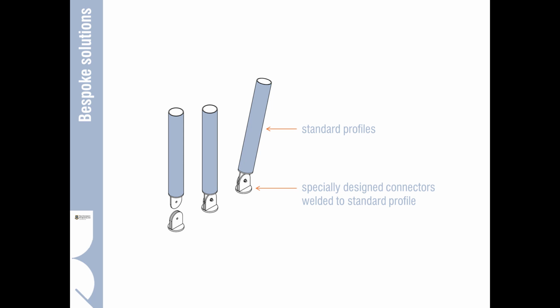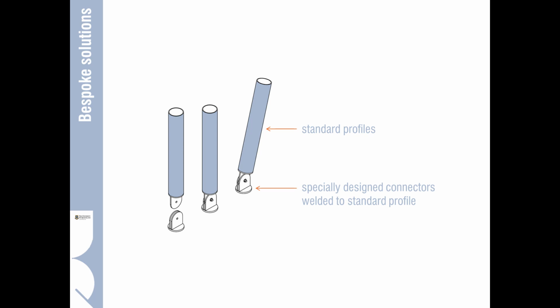The other thing which we often need to do, particularly with more complex profiles, is, and as architects we can come up with a myriad of different connectors. Now these bespoke solutions can be developed from flat plate and then cut and welded together in a factory.